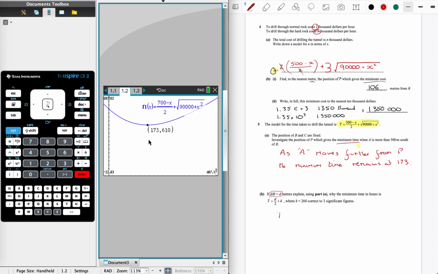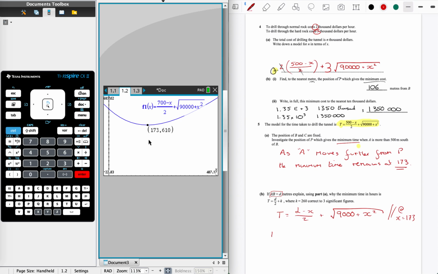So we get T is equal to D minus X over 2 plus the square root of 9,000 plus X squared. The other thing we know that we've just found out is that the minimum time X stays at 173. So I'm going to try this at X equals 173.